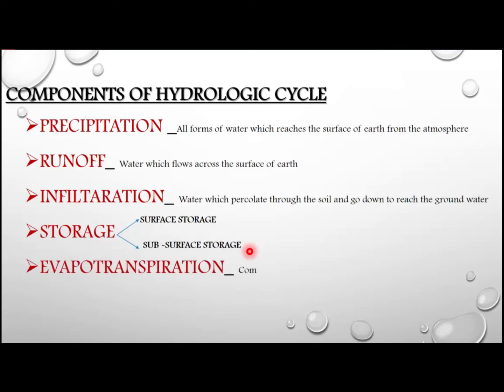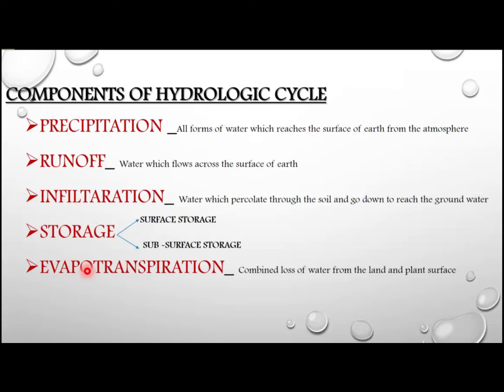Next is evapotranspiration. So evapotranspiration means evaporation and transpiration. Evaporation means by absorbing the solar energy, the water get converted into vapor form on the surface of land and the ocean. That is evaporation.